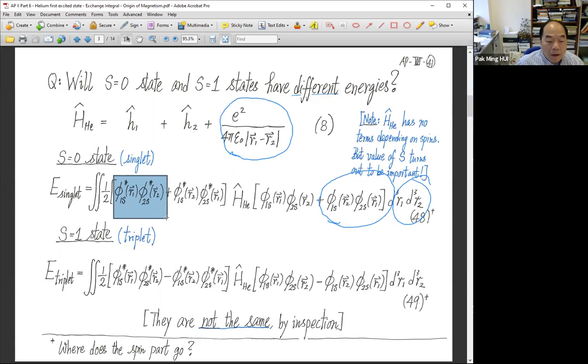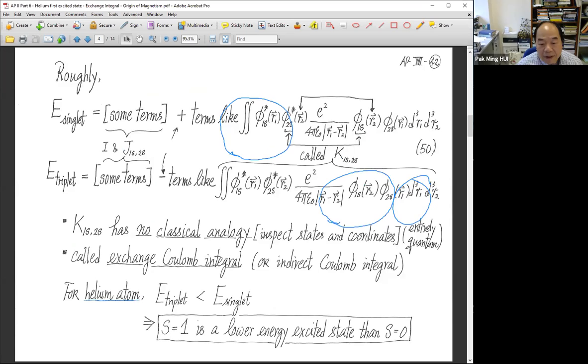Now, both expressions, singlet, triplet, will have this term, but since there is a plus sign, minus sign difference, they will appear with a different sign, okay? So that is what I try to point out here, okay?